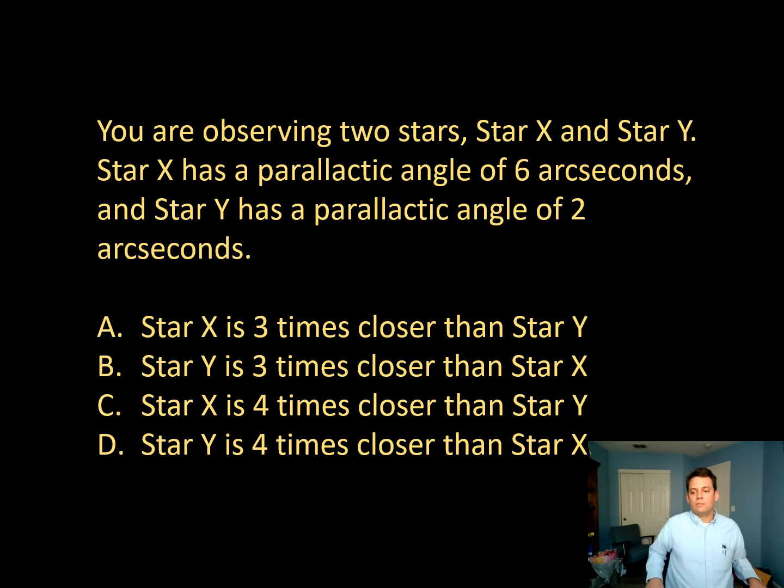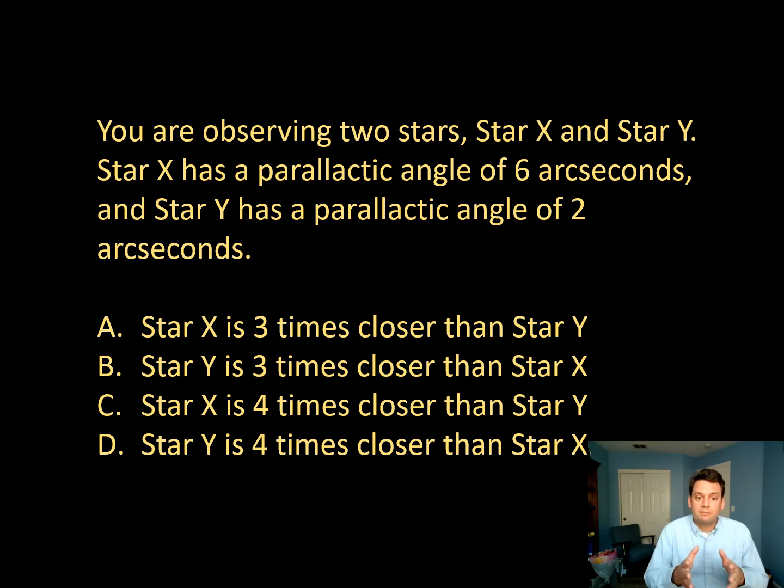Okay, so I'm going to spoil it now, so if you want to think longer and harder, pause me now. The key here is to remember the parallactic equation, which is that the distance from us to the star is inversely related to the parallactic angle. So d equals 1 over theta.